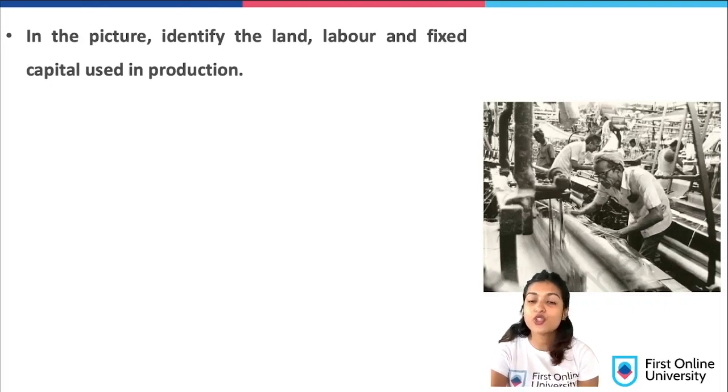The land is where this particular factory is built, right? The people working here very hard are the labor, and the machinery they're using, they're going to use for years, and hence it is called fixed capital.